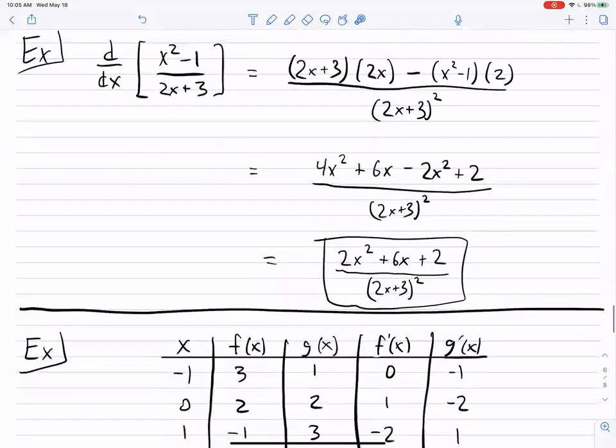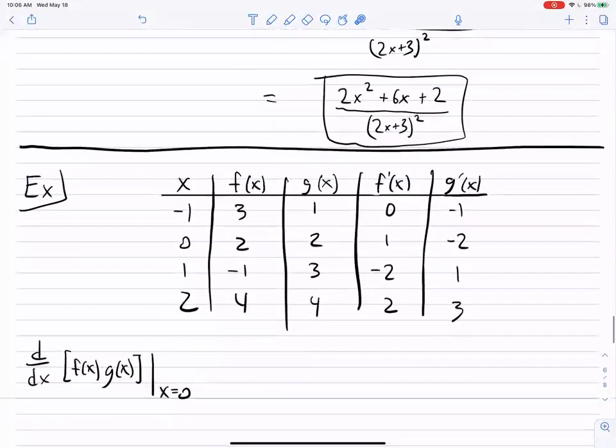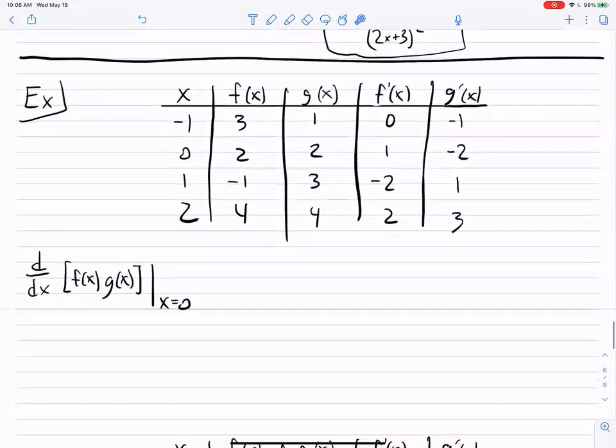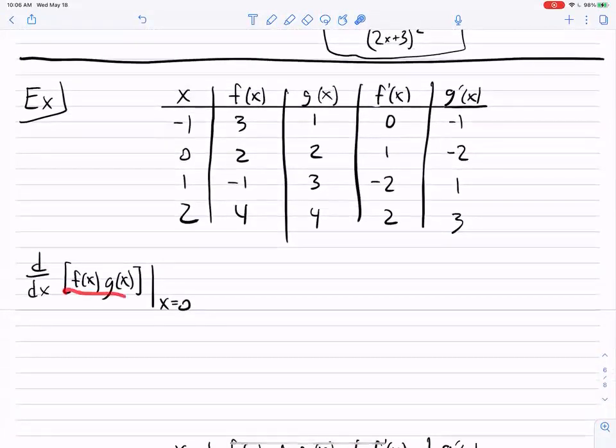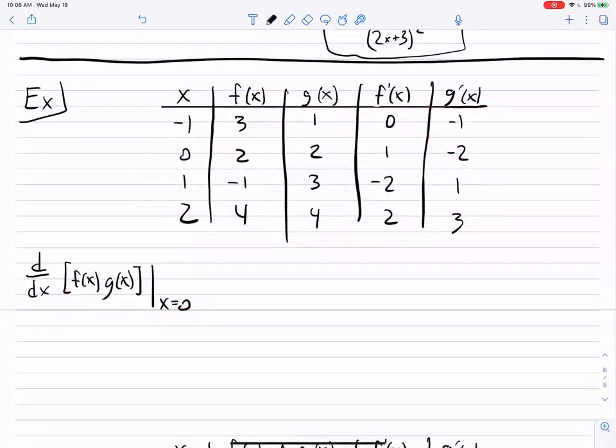Let's do one last example that shows up in the homework and that I really like. It's the idea of using a table. We have our x values and then some function values and derivative values. So when x is -1, this is what f of x, g of x, f prime of x, and g prime of x are. The idea is that we can use the rules, like the product rule, and evaluate without actually knowing what the functions are, as long as we know what their values are at certain points.